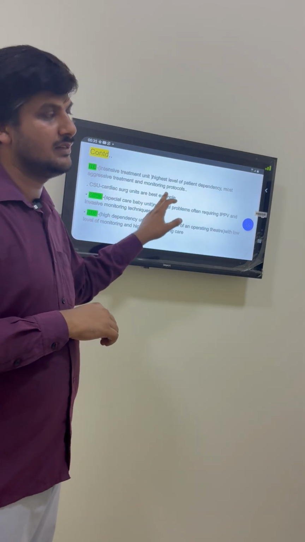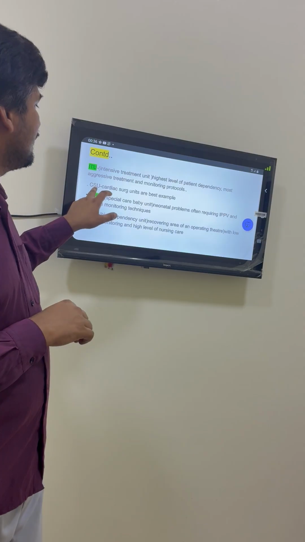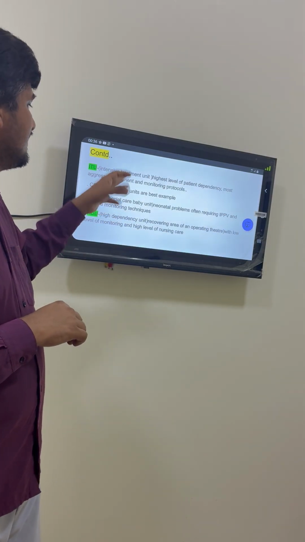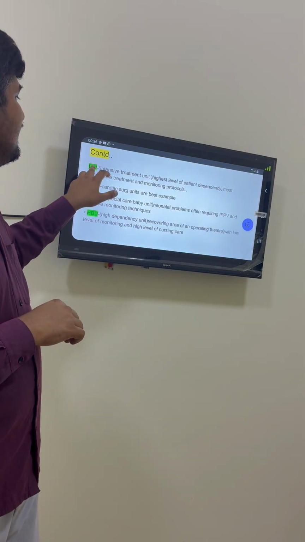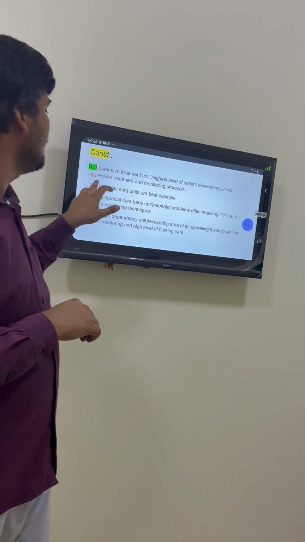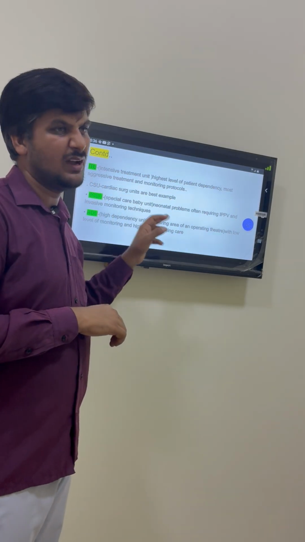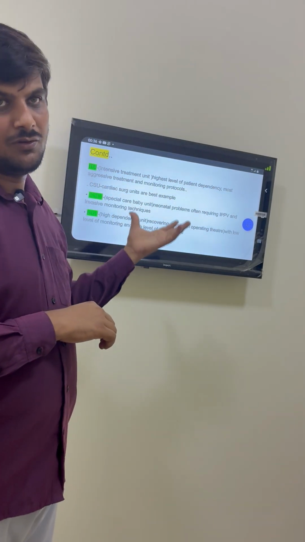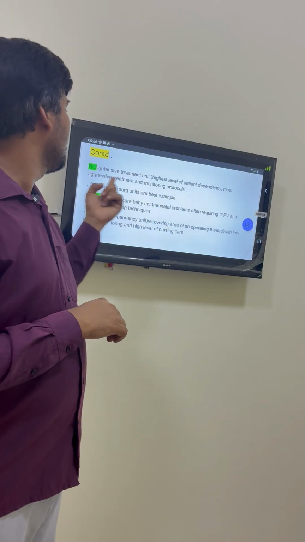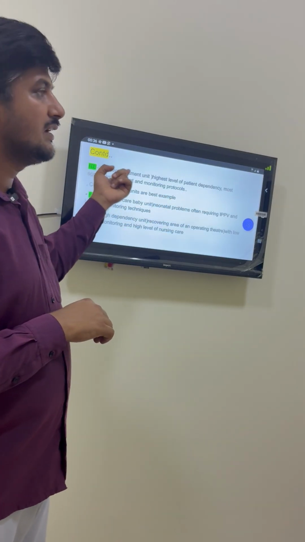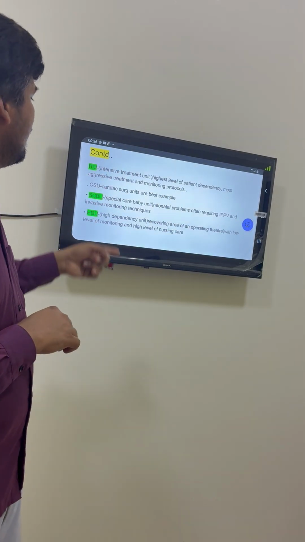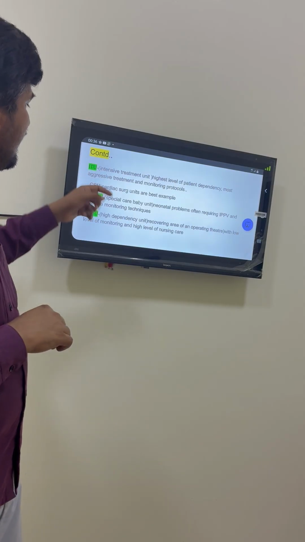CSU, cardiac surgery units: post cardiac surgery patients are treated in these ITUs, because cardiac patients need aggressive treatment, so they call it an ITU.